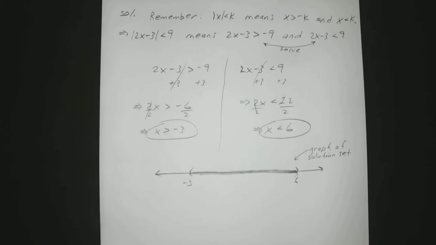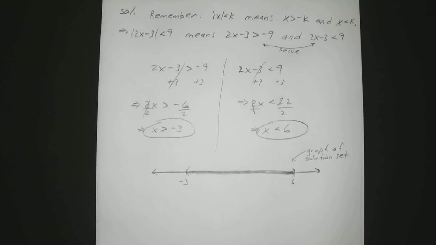And remember, if you had greater than or equal to or less than or equal to, you would use square brackets on each one. All right, any questions on this one? I'll leave this up for a few more seconds.